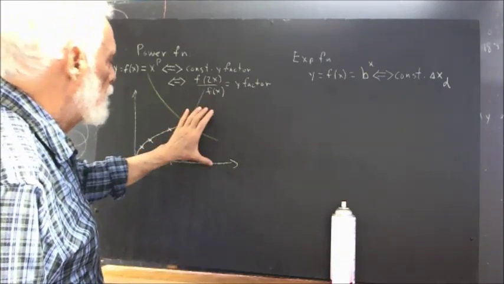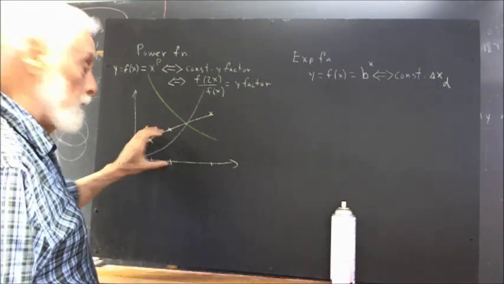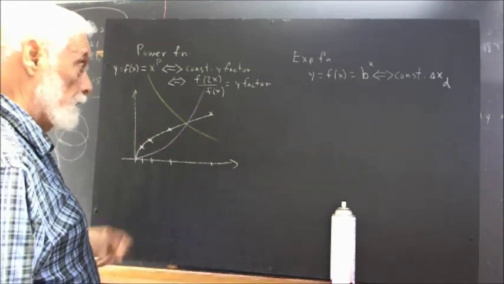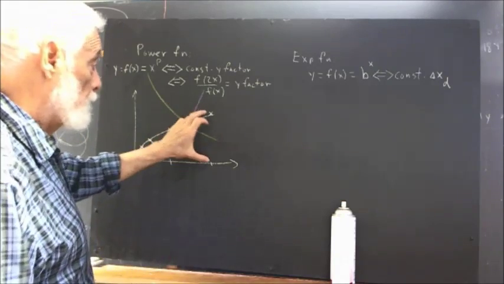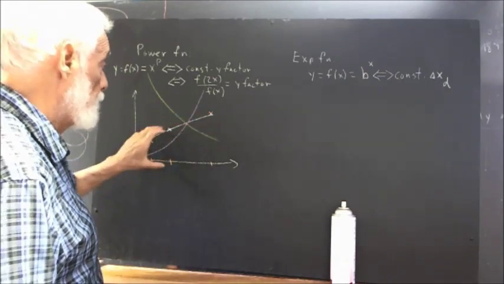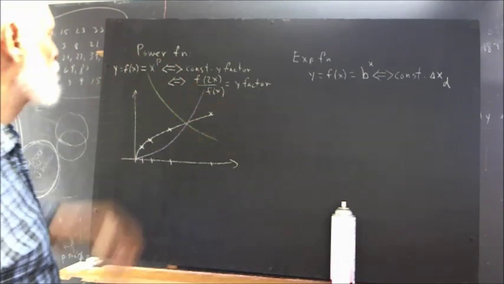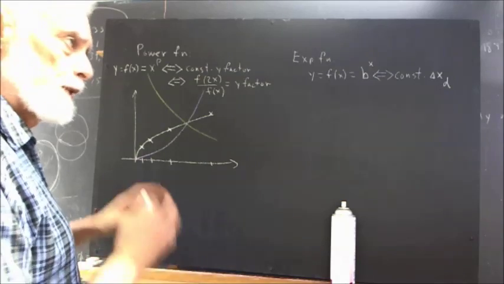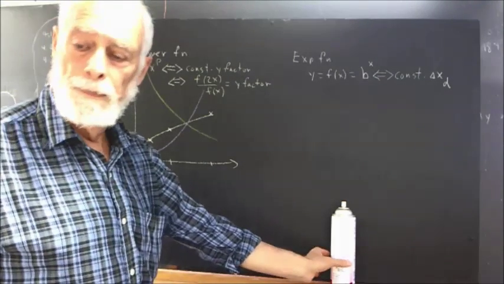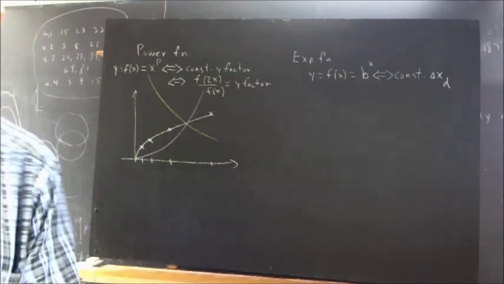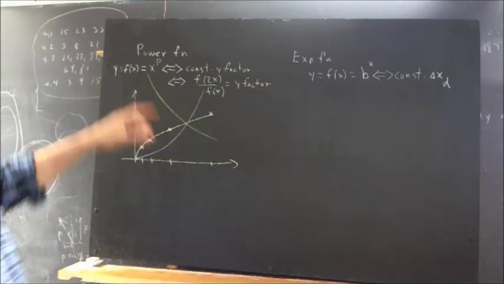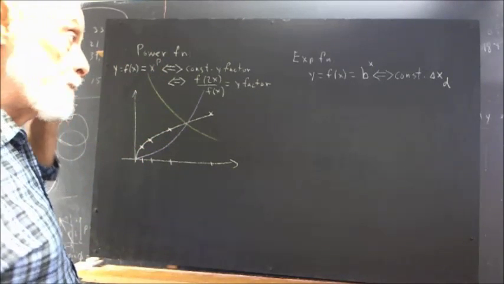So f of 2x divided by f of x, for this graph where we had a y factor of 3/2, should be 3/2. If I divide this by this, I should get 3/2. So we have this relationship, which we should not only remember, but completely understand in terms of what it's telling us about this power function.